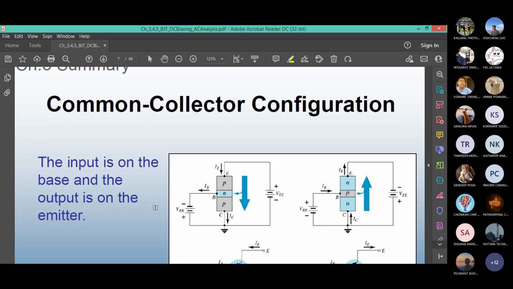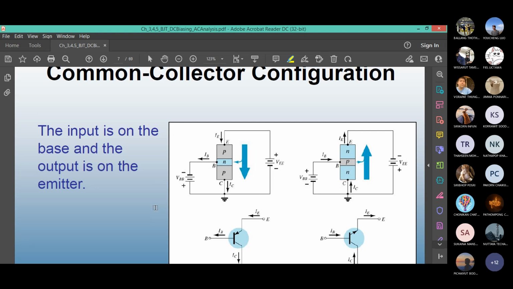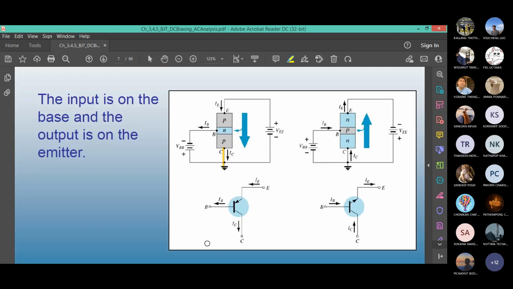And the third one, if you have already guessed, will be the common collector. Now we rotate the transistor in such a way that the collector is on the ground. It is common to both the input side, which is the base, and the output side, which in this case is the emitter. In all cases, the current equation has to be satisfied. So here is a symbol for PNP, and this one is for NPN.